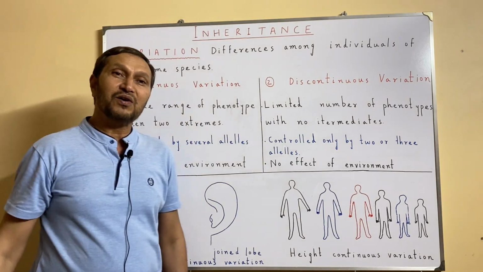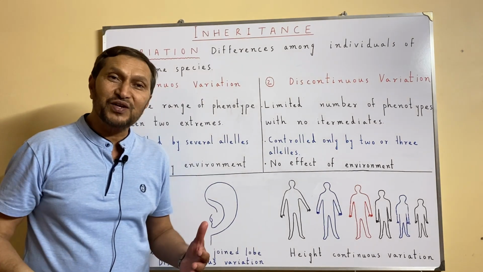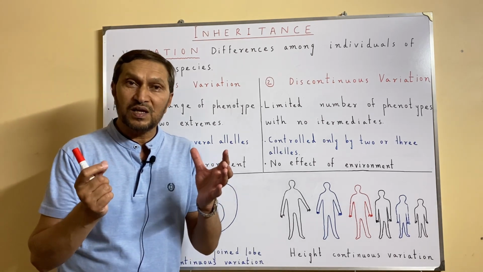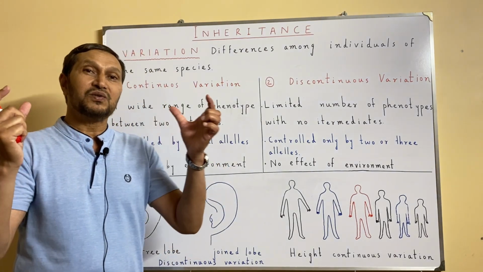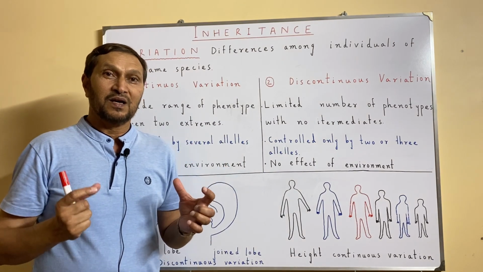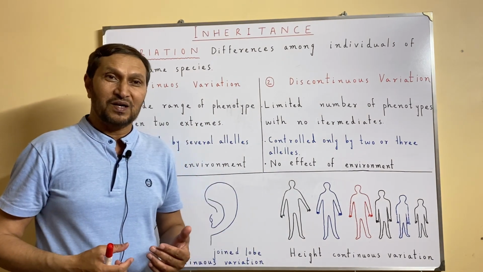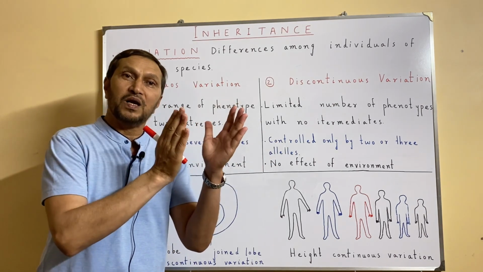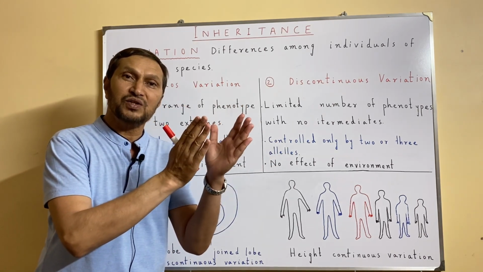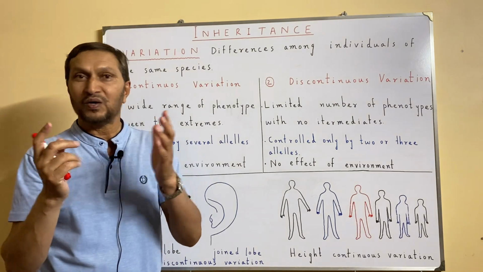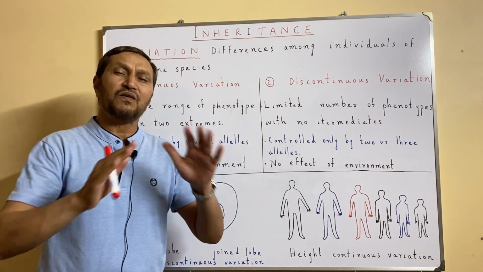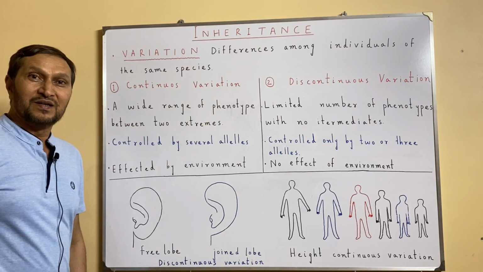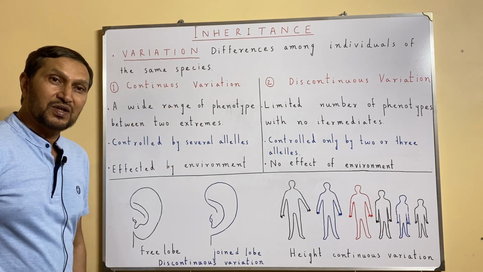Another example of continuous variation is skin complexion. We cannot say that humans have only two types or two categories in terms of skin complexion, that there are only two types of people, one with very dark complexion and one with very fair complexion. No, there is a wide range of phenotypic expression in terms of skin complexion.